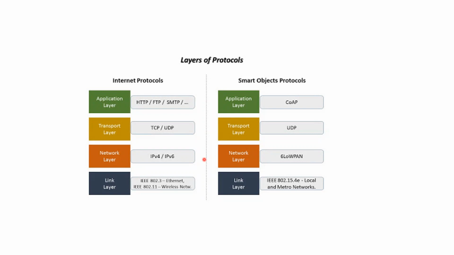In this layer, three types of protocols are used, as you can see here: IPv4, IPv6, and 6LoWPAN. So these are the protocols which are used in this layer.